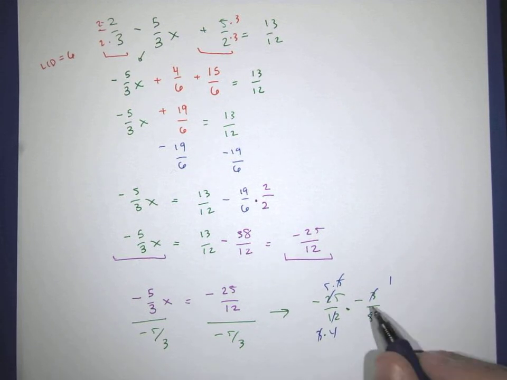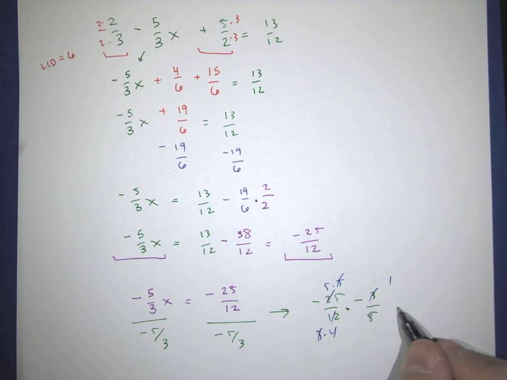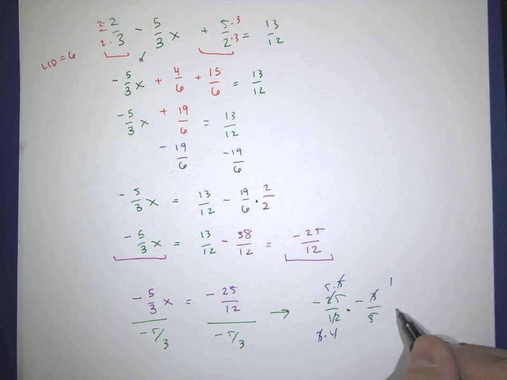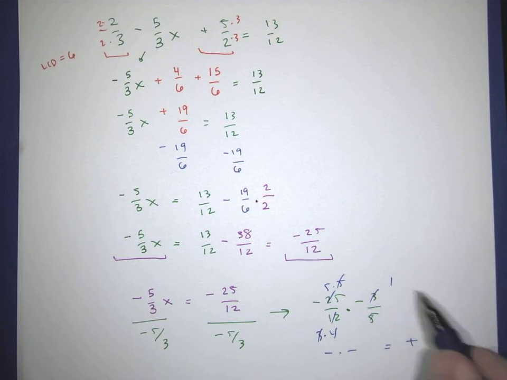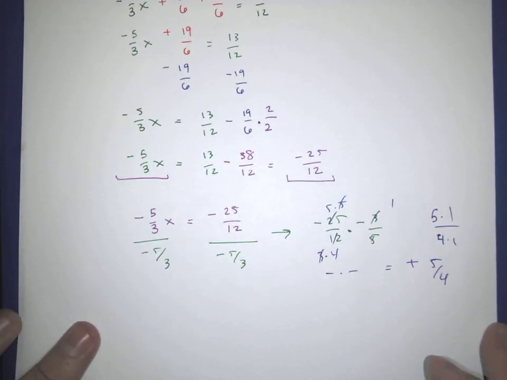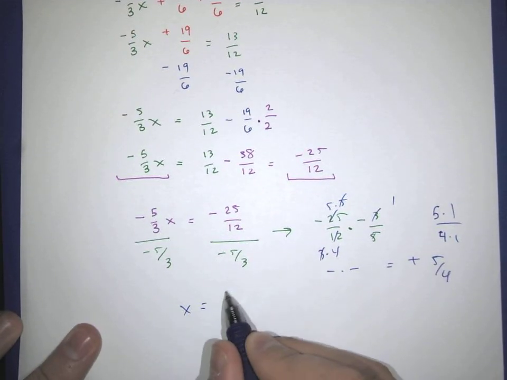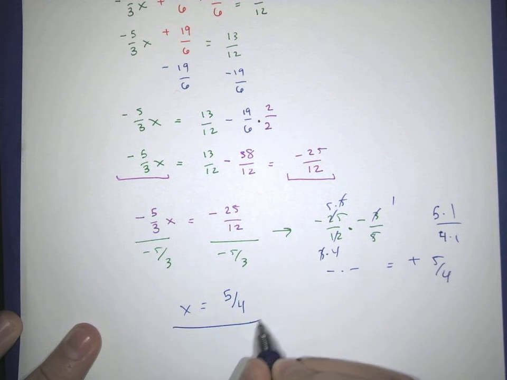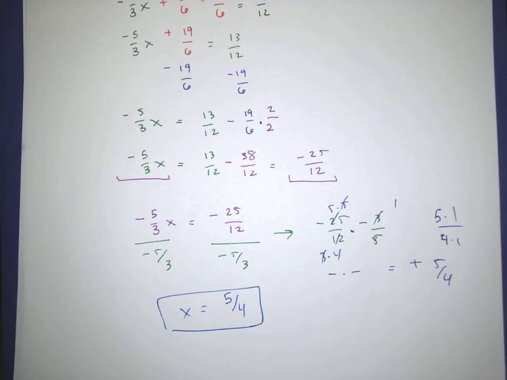What are we left with? Negative times negative is going to be positive. 5 times 1 over 4 times 1. So this is going to be positive 5/4. So my final answer here, x is positive 5/4.